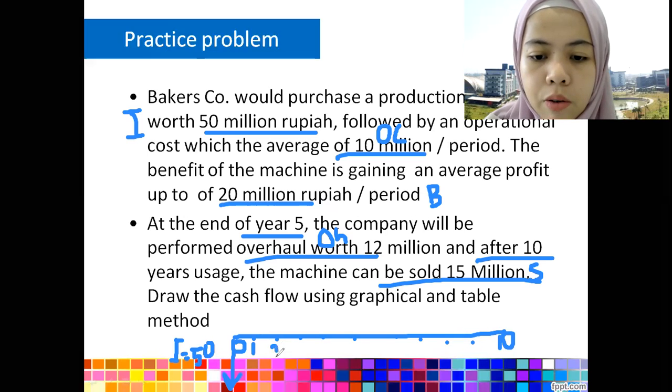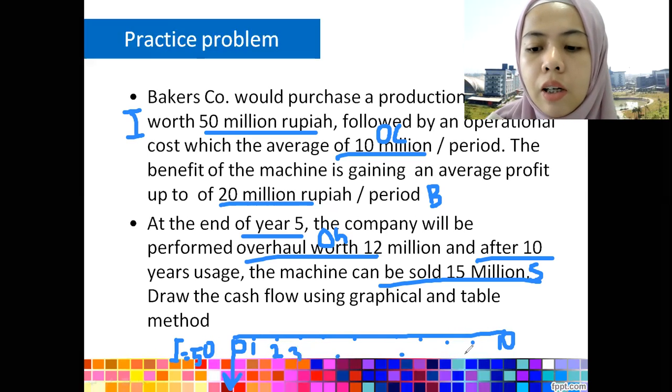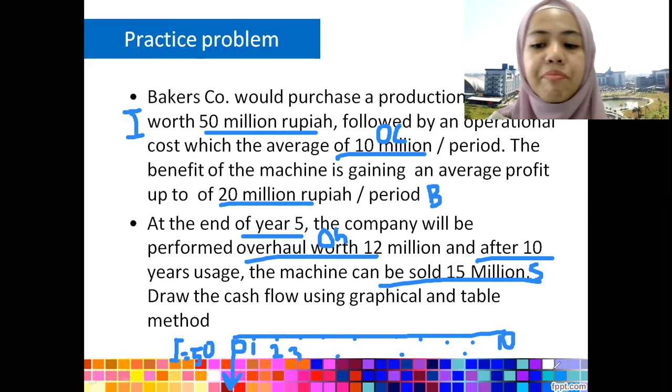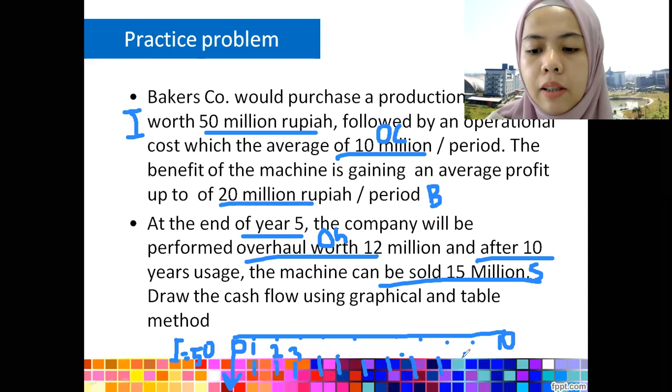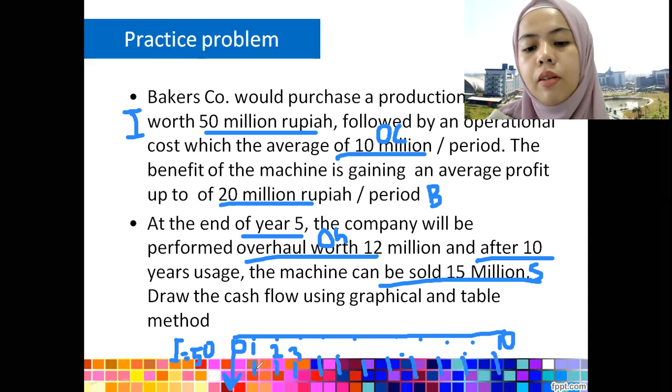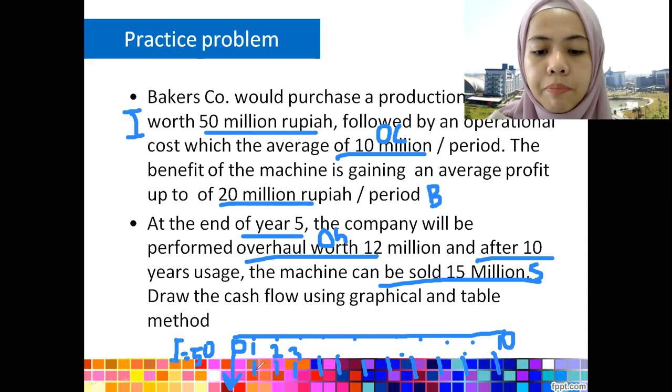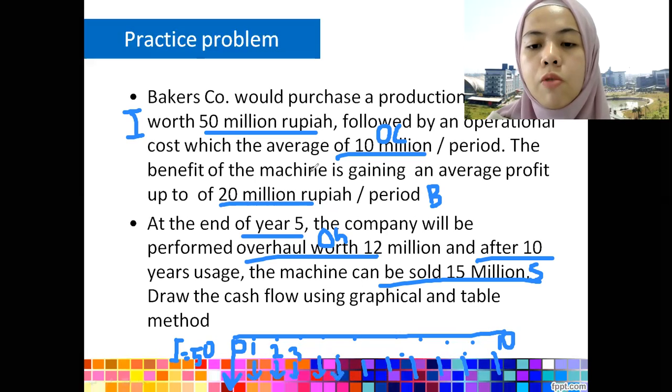Start with 1, 2, 3, and continue 10 times, and just draw the same arrow up to 10 times, because we incur a regular operational cost worth 10 million.